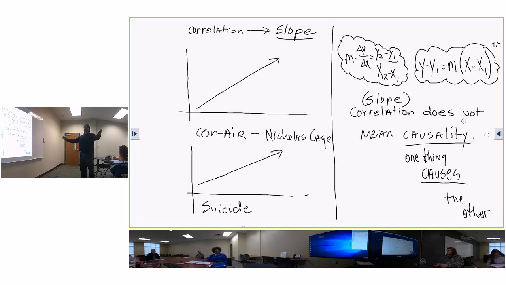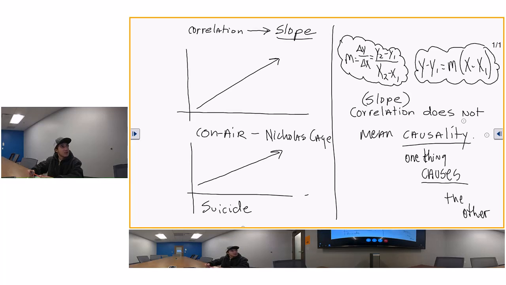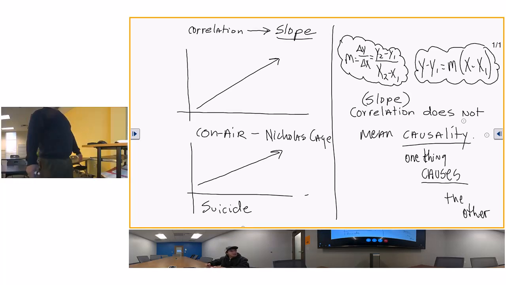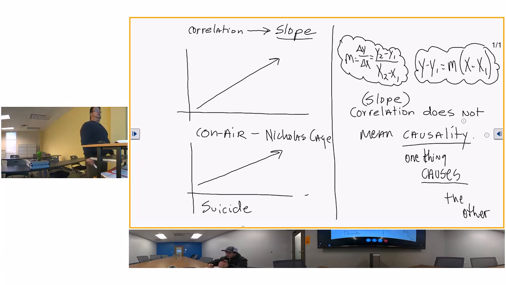Can I say that? No. Why? Could you say that this is just a coincidence? Yes. I could have put, instead of Con Air, how many people are gaining weight this week, and it would have looked like suicide.